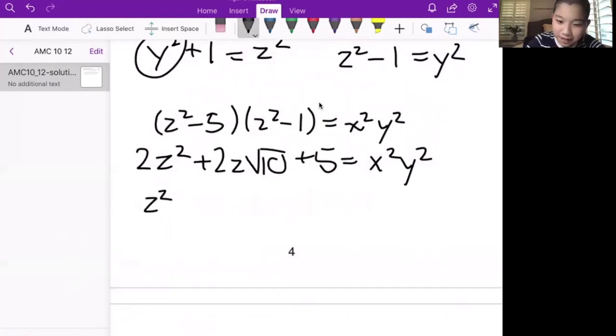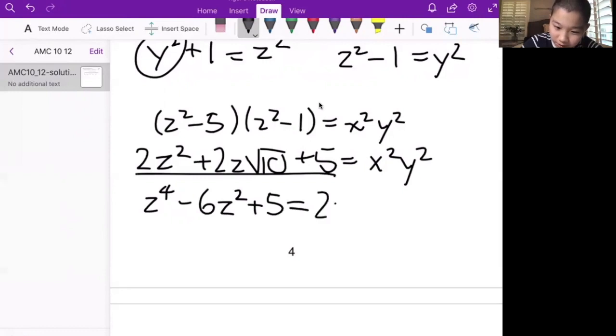Because let's expand this top one. You'll actually find something that can help you quite a lot. So z to the 4th minus 6z squared plus 5. That's equal to this, 2z squared plus 2z root 10 plus 5.